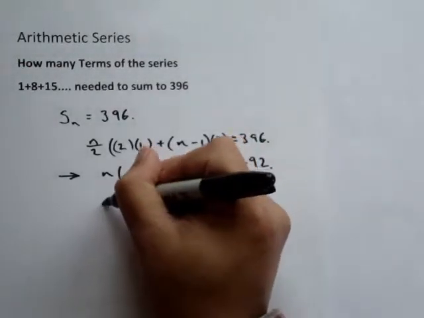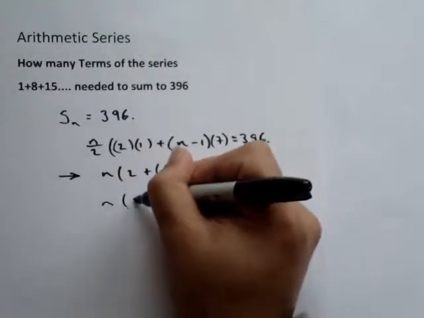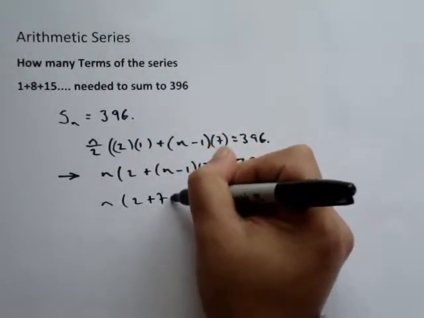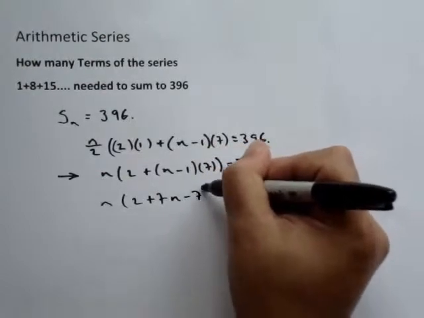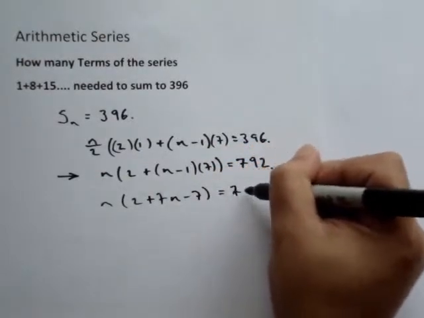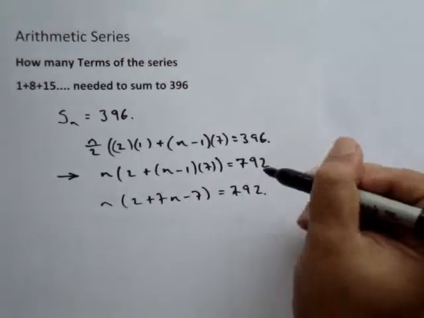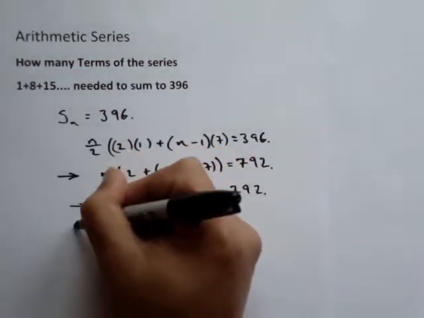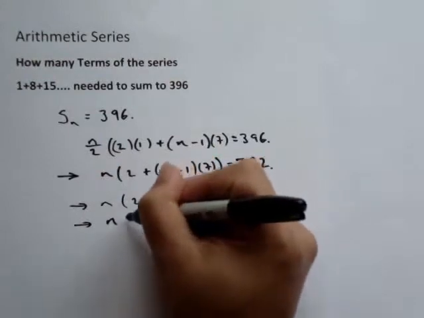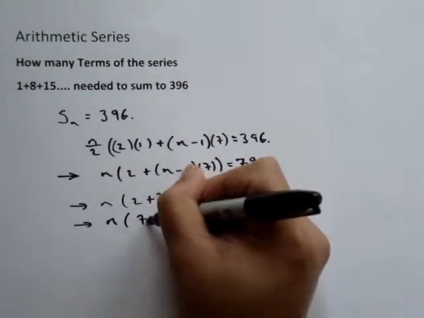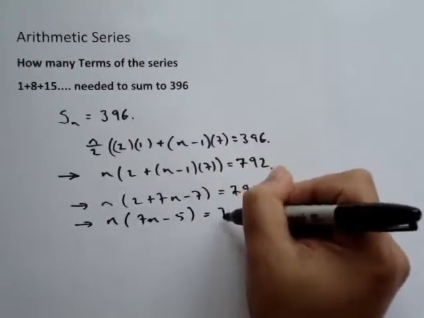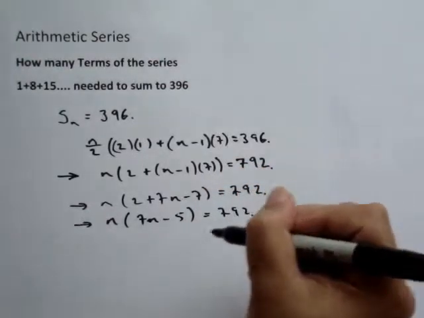Then n times 2 plus, get rid of these brackets, 7n minus 7 equals 792. So n times 7n minus 5 equals 792.